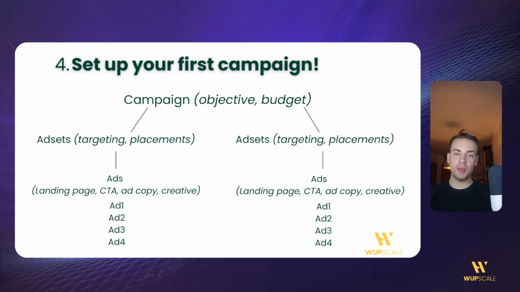As a general best practice, I suggest you use Advantage Plus placement. So you use all available platforms and placements, and you also use Advantage Plus targeting. So Meta is just going to reach every gender, every age group, and every location in the set country, and based on your creative, it's going to target.